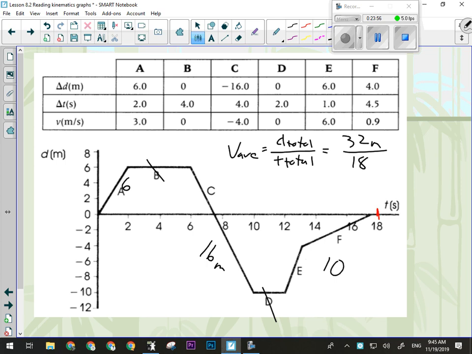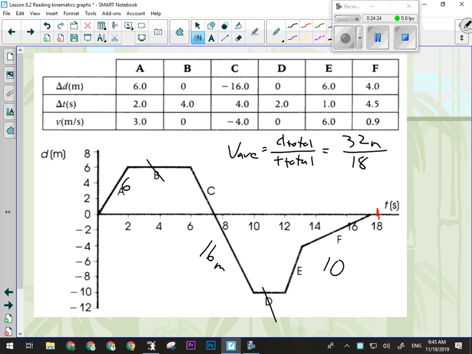Okay, where is the object going the fastest? I think it's going fastest in E. E looks the steepest. Okay, so here's what I'm saying, guys. The steepest line on this graph is where the object's going the fastest.